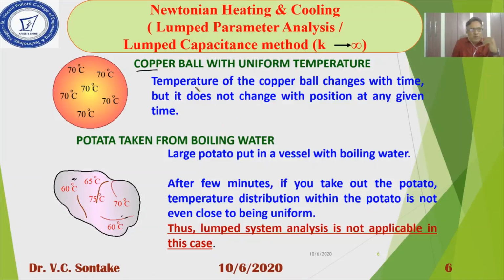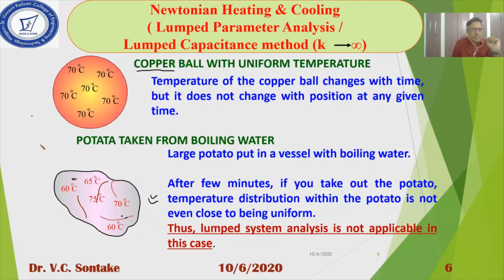In the case of the copper ball with surface temperature 70 degrees Celsius, which is constant and the same everywhere, it can be treated as a lump and lumped parameter analysis can be applied. Whereas in the case of the potato you have just taken out of the boiling water, having different surface temperatures at different points, we cannot treat it as a lump and hence lumped parameter analysis cannot be applied to find out the variation of temperature as a function of time.